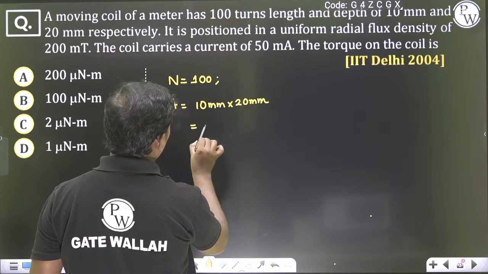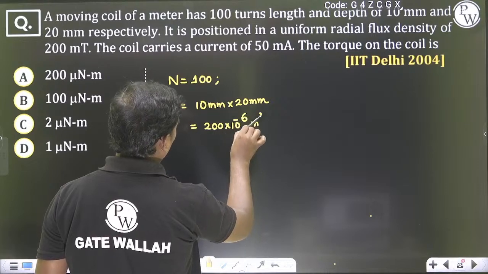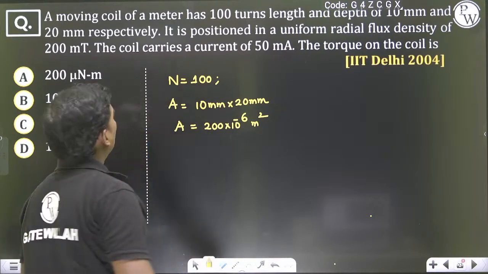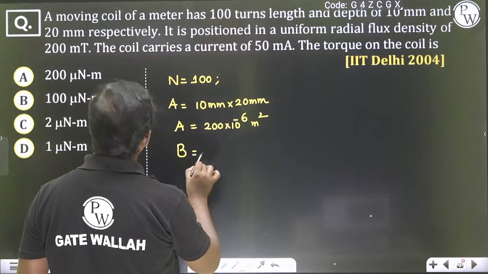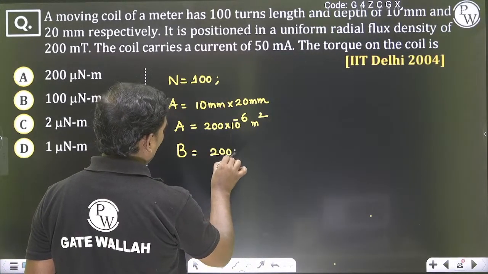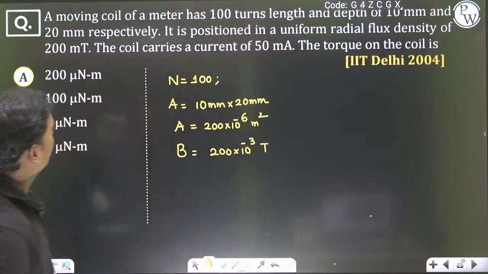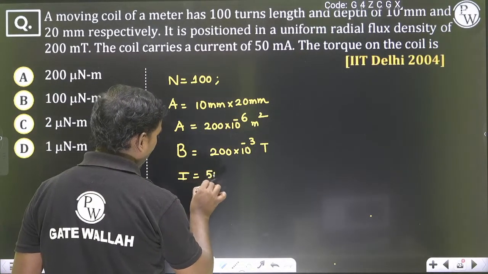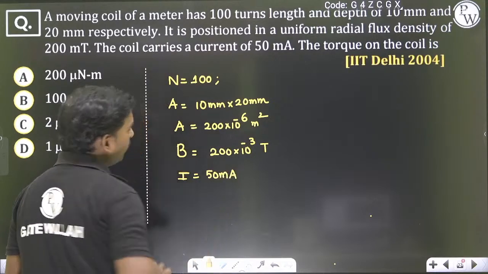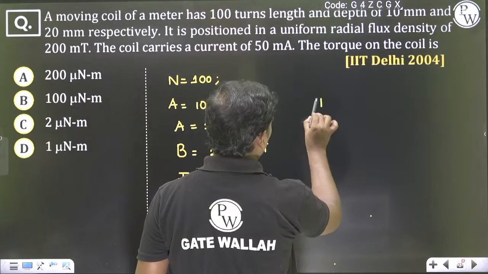So this will be 200 into 10 power minus 6 meter square. This is the area. Flux density B is given as 200 millitesla, 200 into 10 power minus 3 Tesla. The coil carries a current of 50 milliamperes. The torque on the coil is being asked, so he is asking the deflection torque.